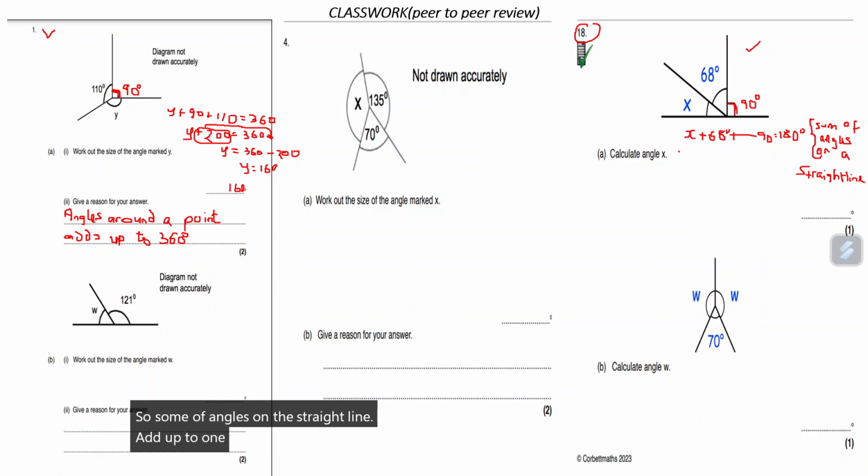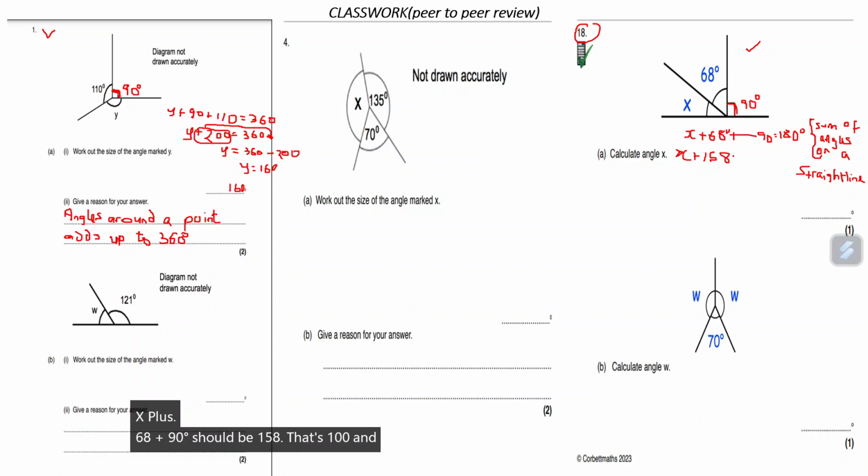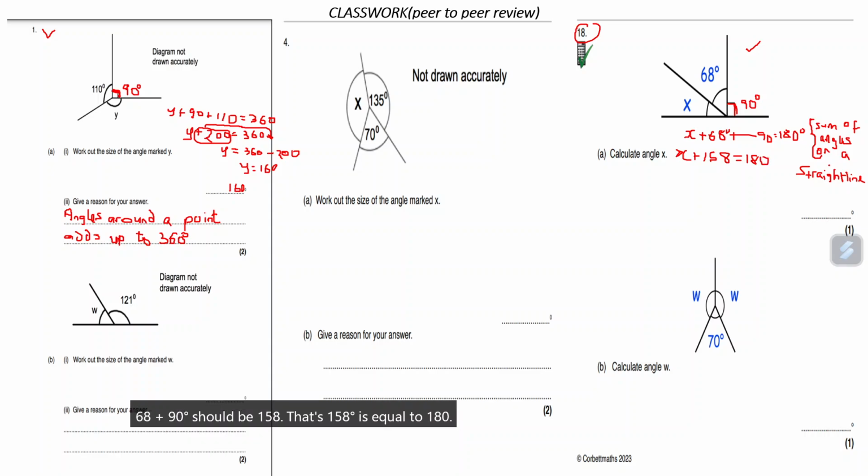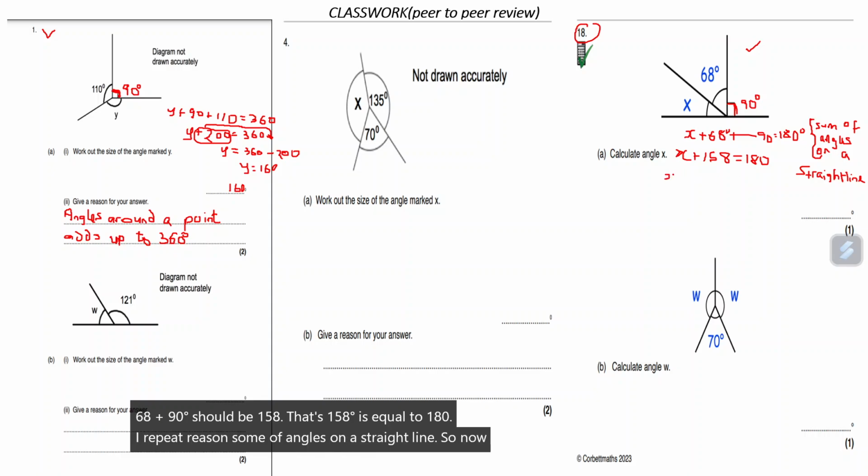So that will be x plus 68 plus 90 degrees, which is 158 degrees, is equal to 180. I repeat, reason: sum of angles on a straight line. So we'll now find the value of x.